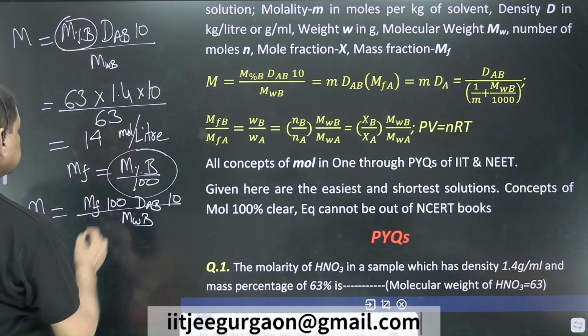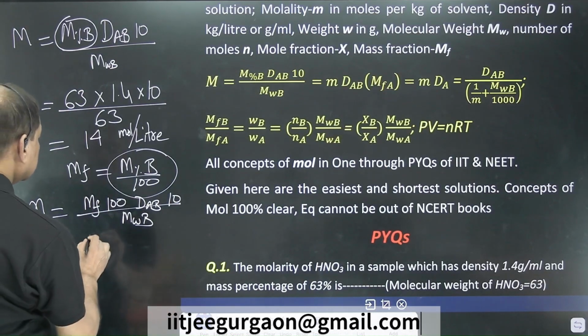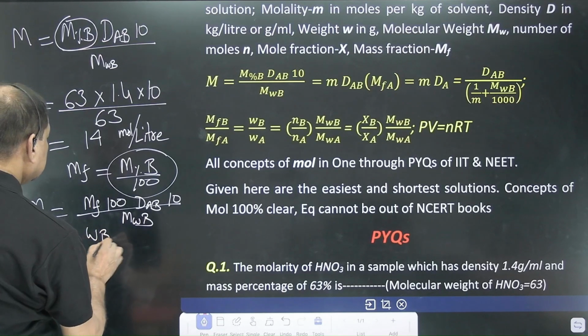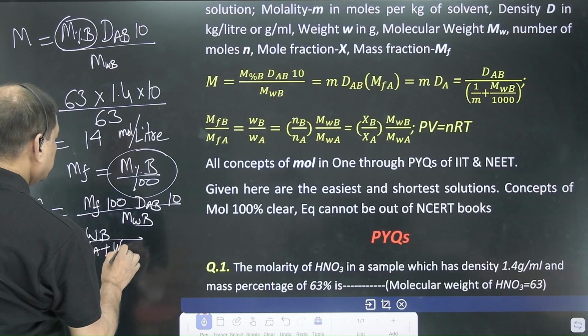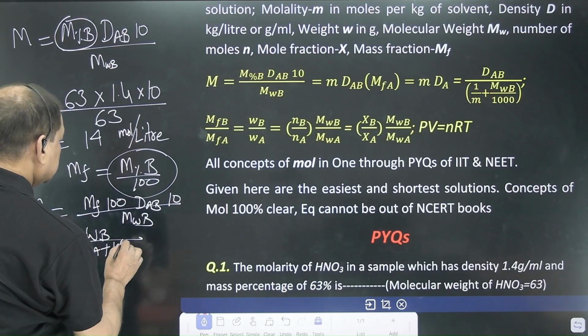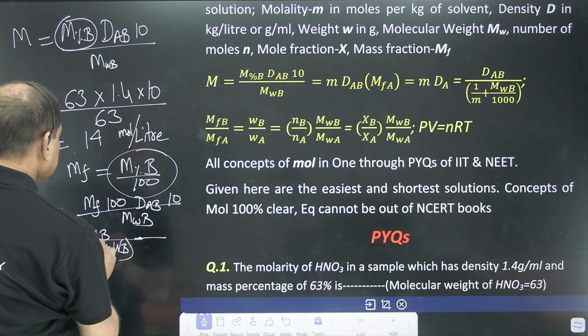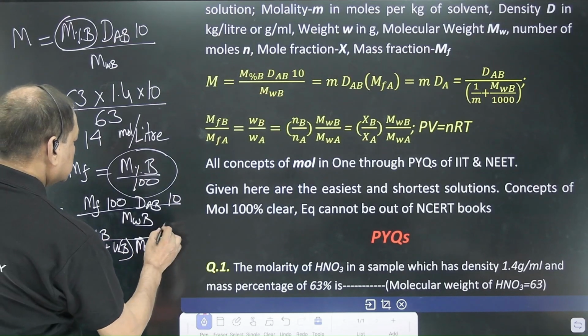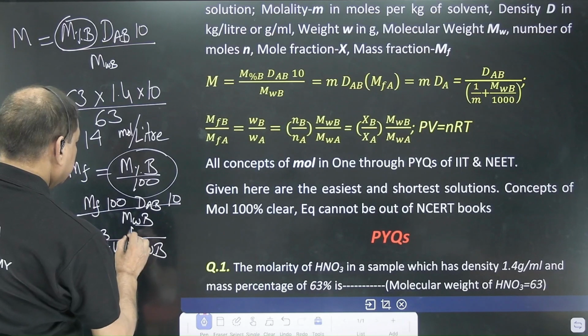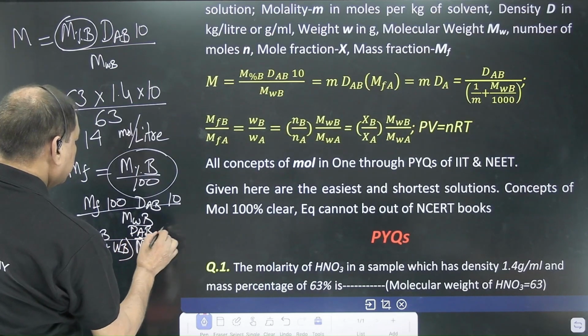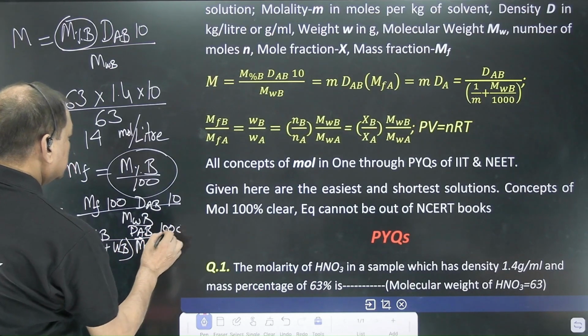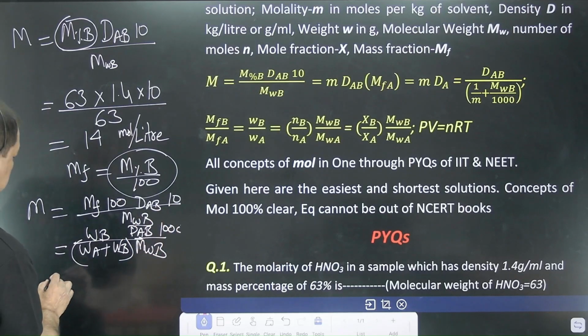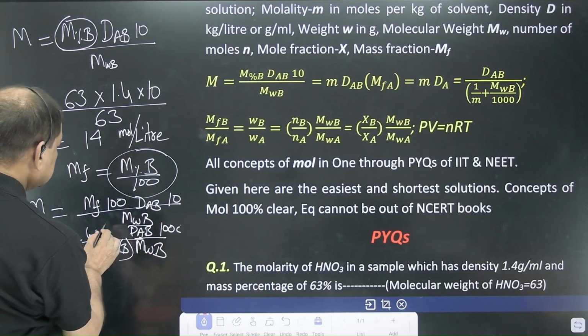So this is mass fraction. Mass fraction is WB divided by WA plus WB, and this is MWB. This will remain DAB into 1000, 10 into 100. So what is this?